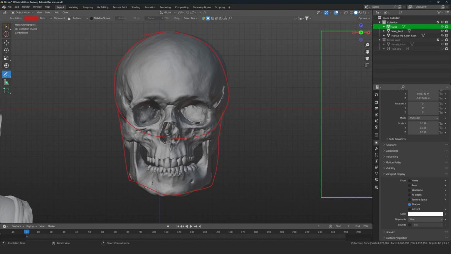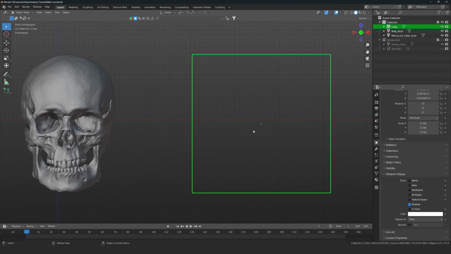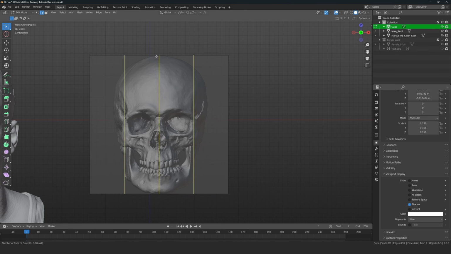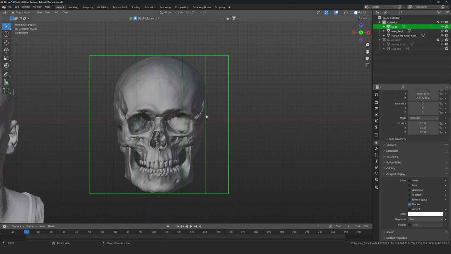Now the first proportion that comes to mind is how wide this part should be. This is the first thing that we are going to be covering. If you put the cube right over here, you just subdivide it into 6 parts. If you add 5 loops, you are dividing it into 6 parts.